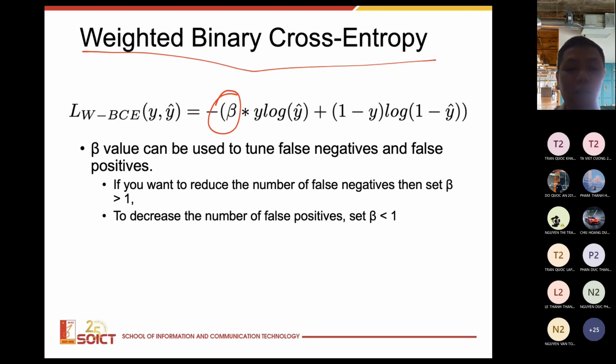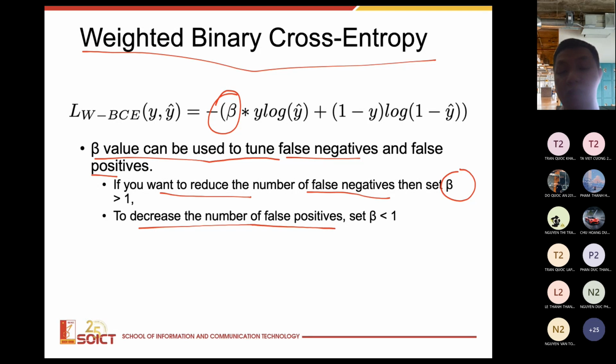The weight here can be used to tune the false negatives and false positives, right? If you want to reduce the number of false negatives, then you can set the beta to be a value bigger than 1. And if you want to decrease the number of false positives, you can set the beta to be smaller than 1, right?